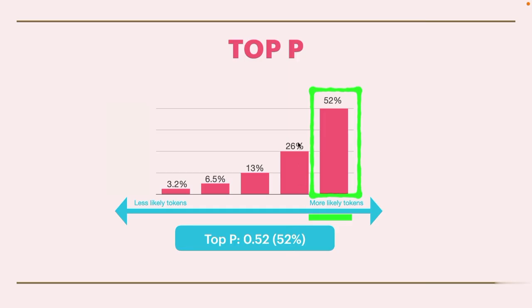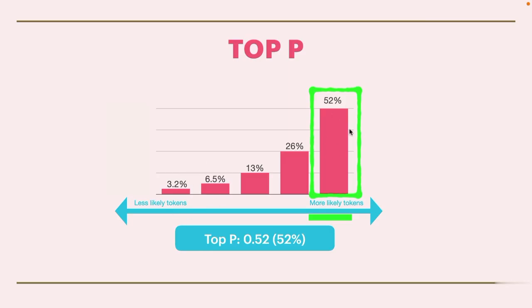So by adjusting the top P value, you can control the diversity of the generated responses. A higher top P value, for example 0.9, allows more diverse and varied responses, including tokens with lower probabilities.